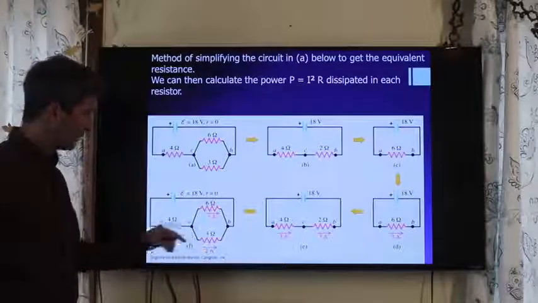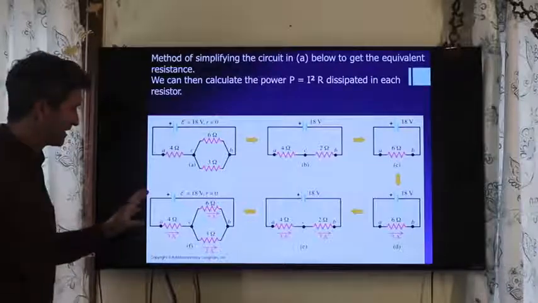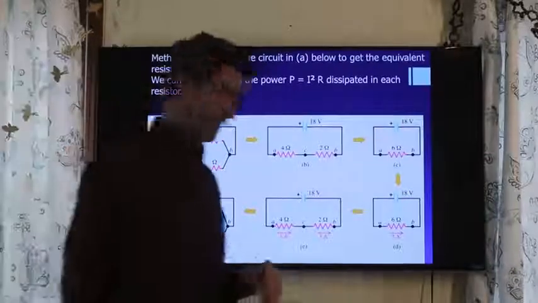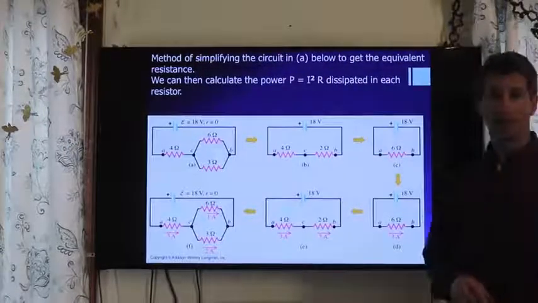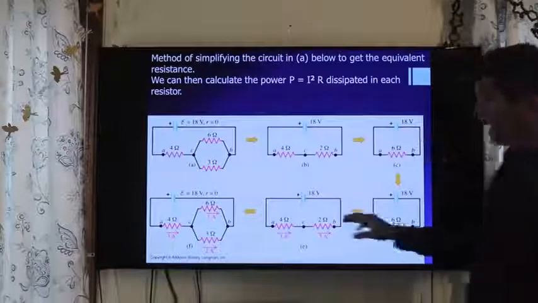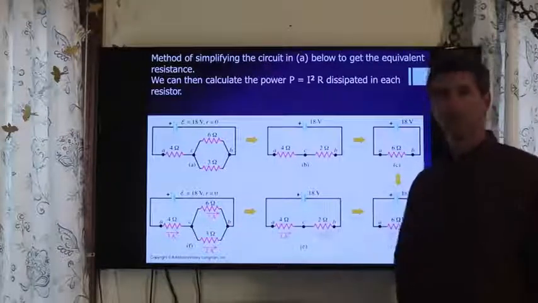So 2 plus 1 is going to be equal to 3. My numbers agree. So here we're able to take the circuit, reduce it to an equivalent resistor, work backwards and find the current through each resistor and also the voltage.